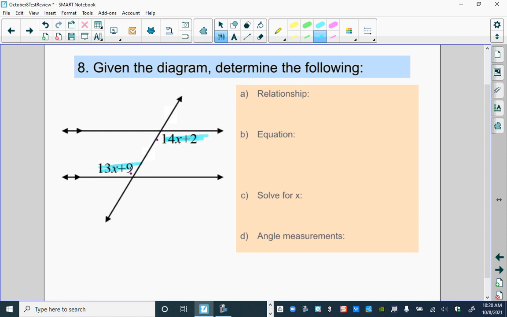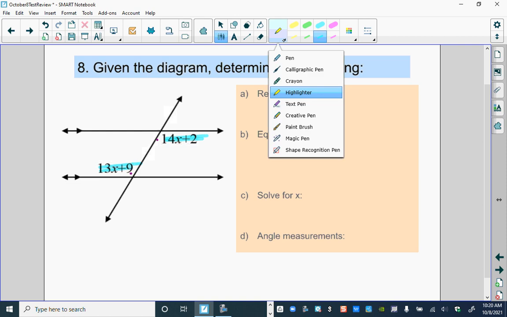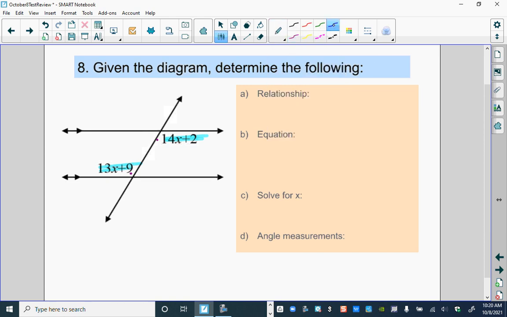Just think of yourself and then your alternate self. It's like the opposite of you. Okay, so yeah, they're alternate interior.